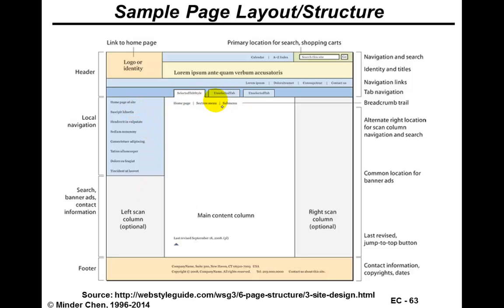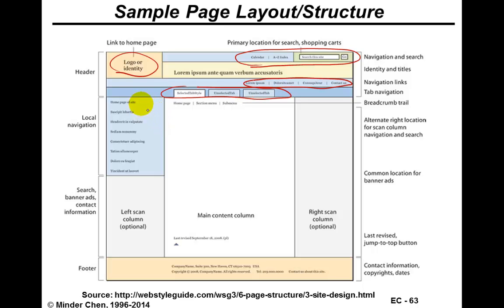On the top, you have the logo and some common elements, for instance, a table of contents, an index page, maybe a link to the map directions to your company, a search box, and some high-level navigation buttons or links here.